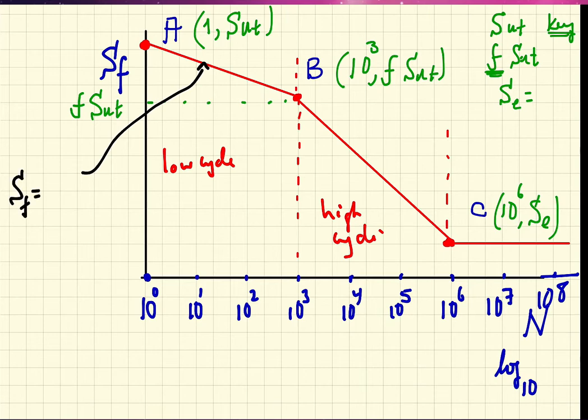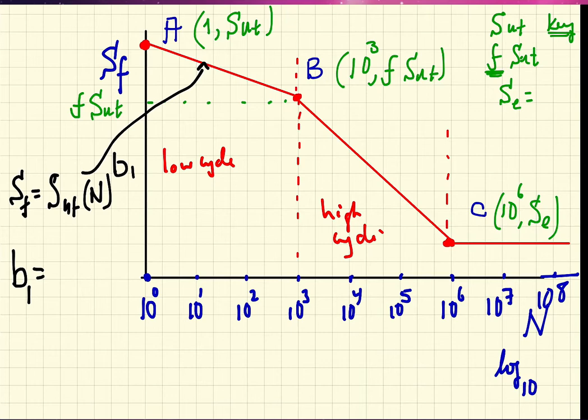Obviously, at 1 cycle, the SF should be equal to SUT. So I'll write it as SUT times N raised to some power, B1. And B1, I can find it from the coordinate of point B.